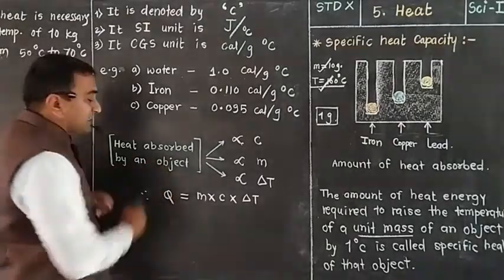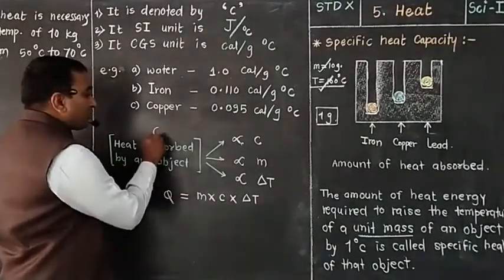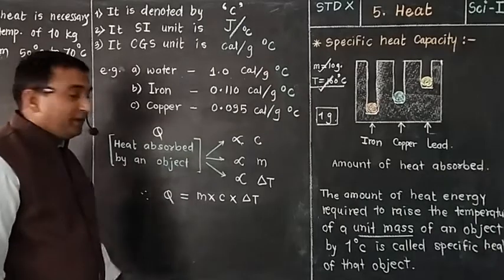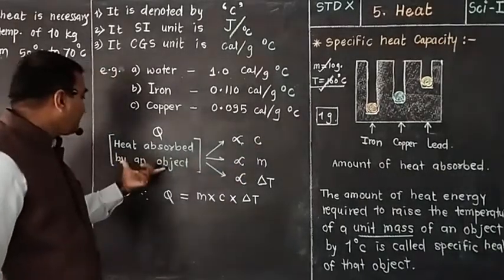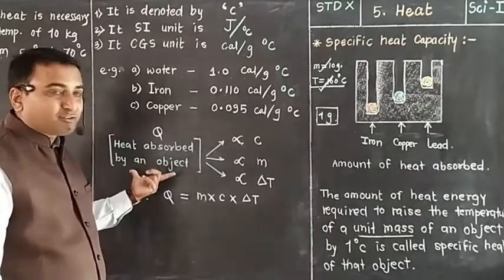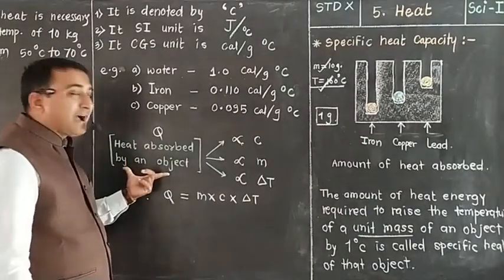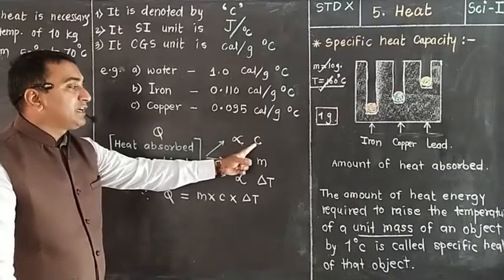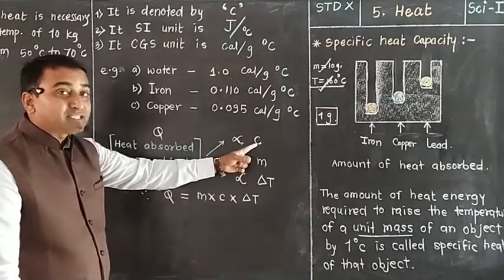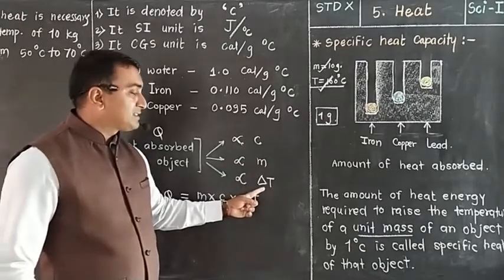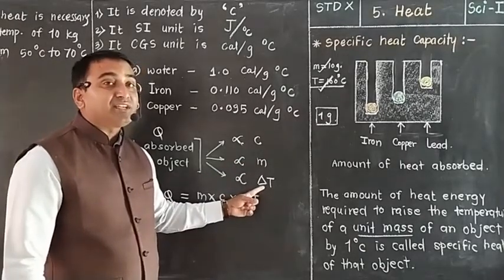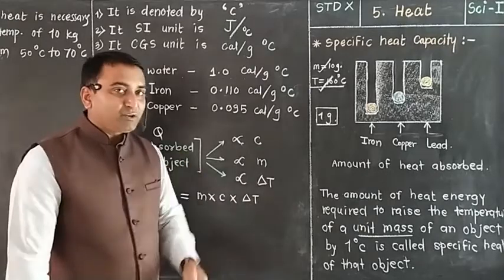But the heat absorbed by an object, which is denoted by Q, depends on the specific heat capacity. It depends on the mass of the object and it depends on the change in temperature. One by one we are going to discuss.